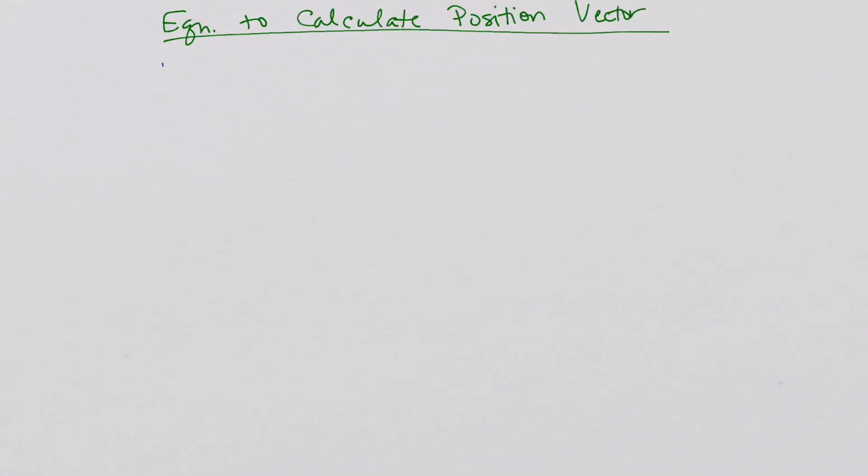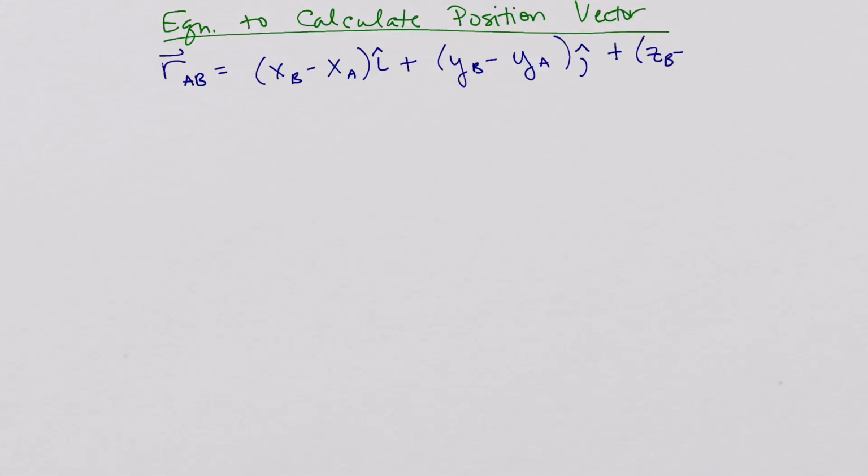R AB equals (XB minus XA) i plus (YB minus YA) j plus (ZB minus ZA) k. So that's just what we just did. It's just the generic version.